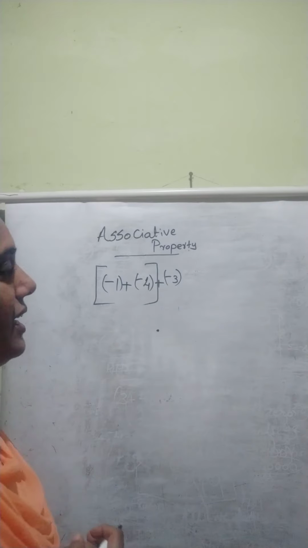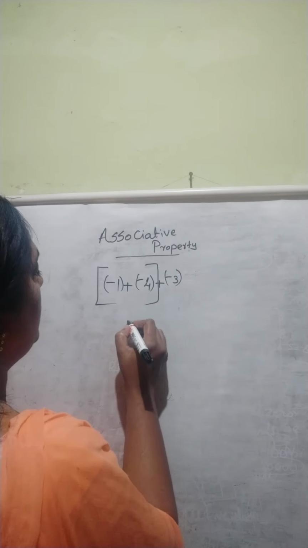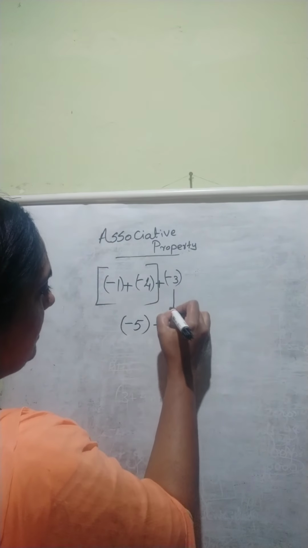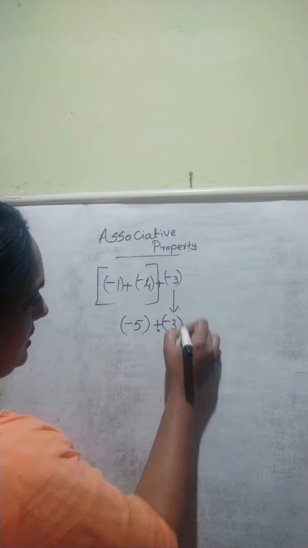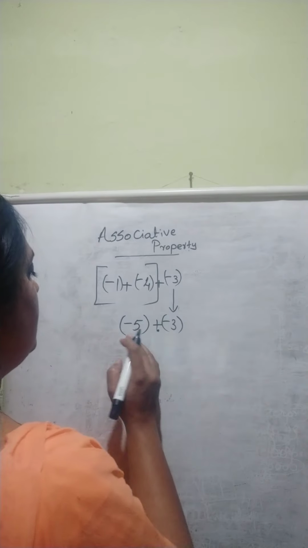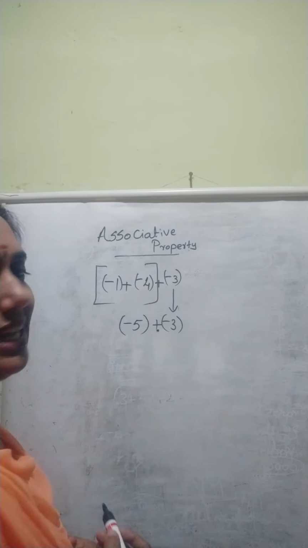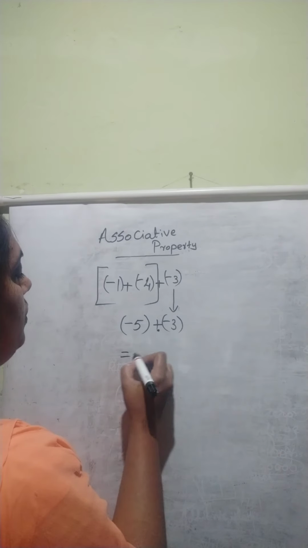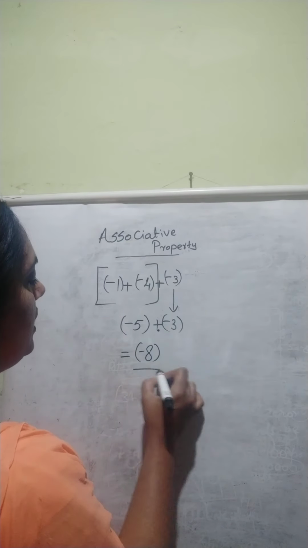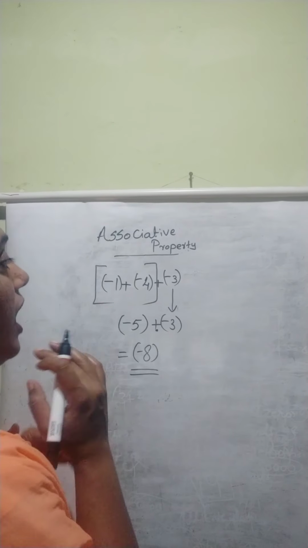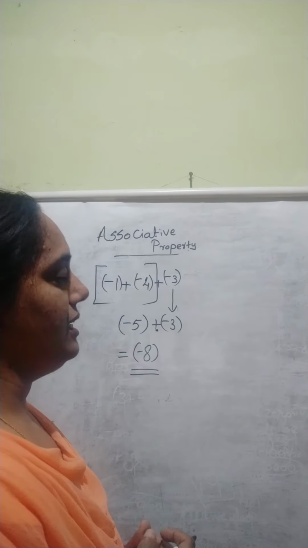Negative 1 plus negative 4 is equal to negative 5. After that, we write this negative 3 here itself. Then add this answer with the negative 3. Negative 5 plus negative 3 is equal to negative 8. So here negative 8 is the answer.